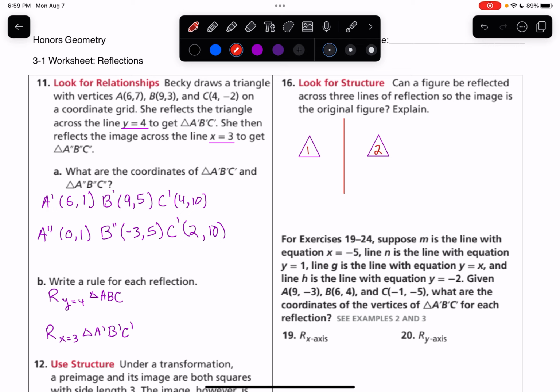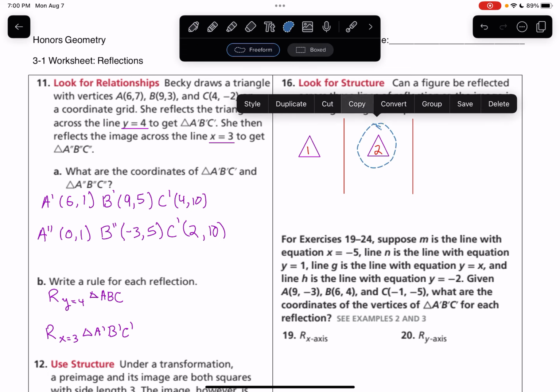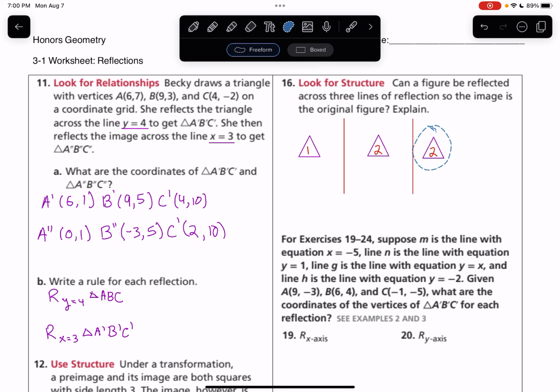And then I'm going to reflect it across another line of reflection. So now I'm going to reflect it across another line of reflection over here. And when I reflect it across another line of reflection, this triangle that is number 2 is going to be reflected over here.